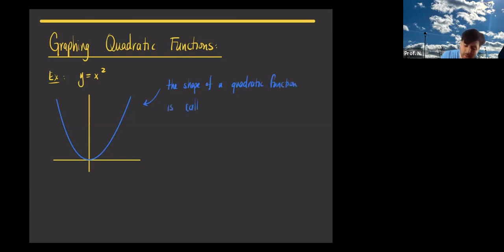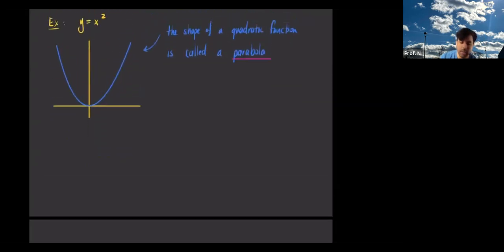Is called a parabola. So all the shapes of a quadratic are parabolas. And sometimes we have parabolas that open upward, and sometimes we have shapes of parabolas that open downward.